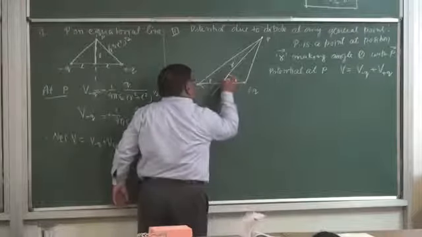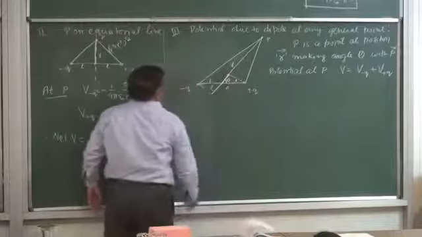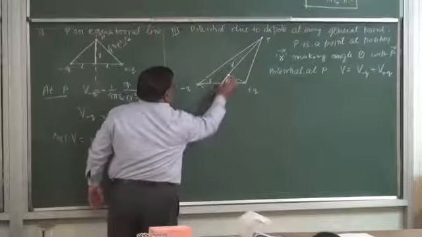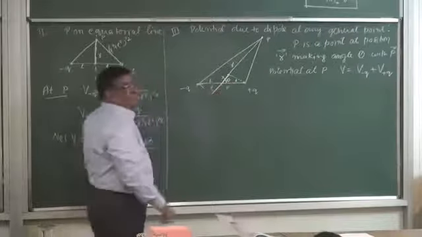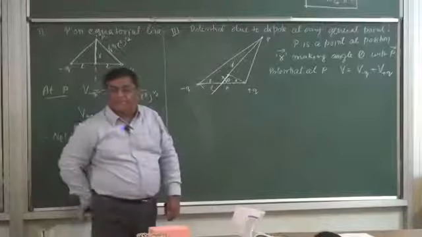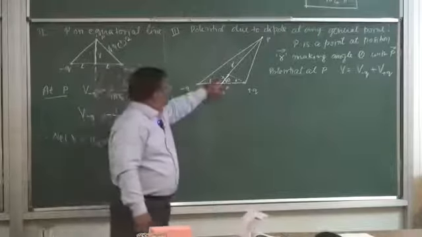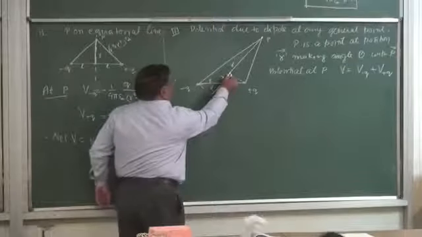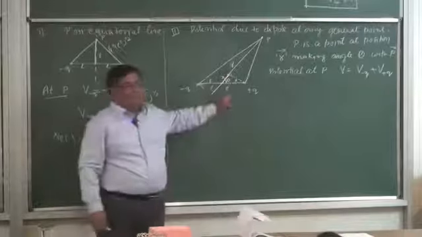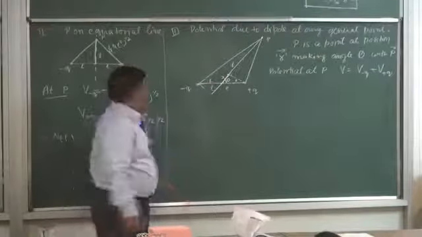How much is this distance? Can you tell me? This is theta. Let us say this distance is X. X upon L is what? Which trigonometric ratio? Cos theta. X upon L is cos theta because this is a right angle. Correct? So, what is X equal to? L cos theta.